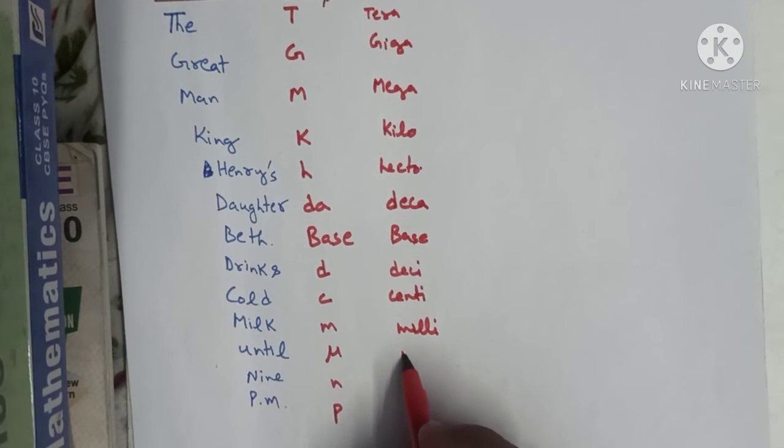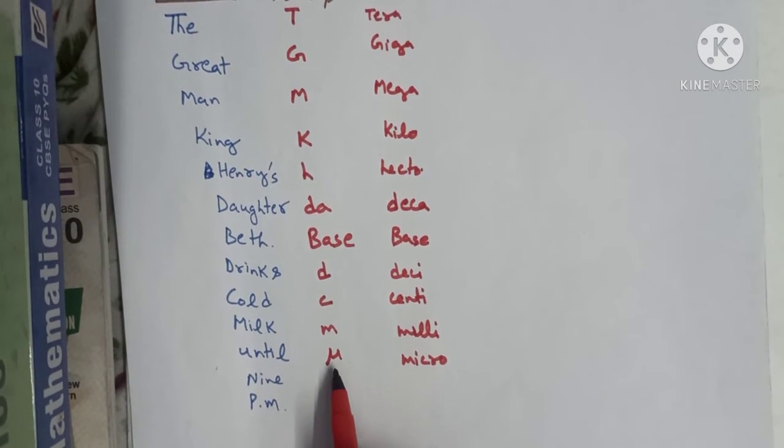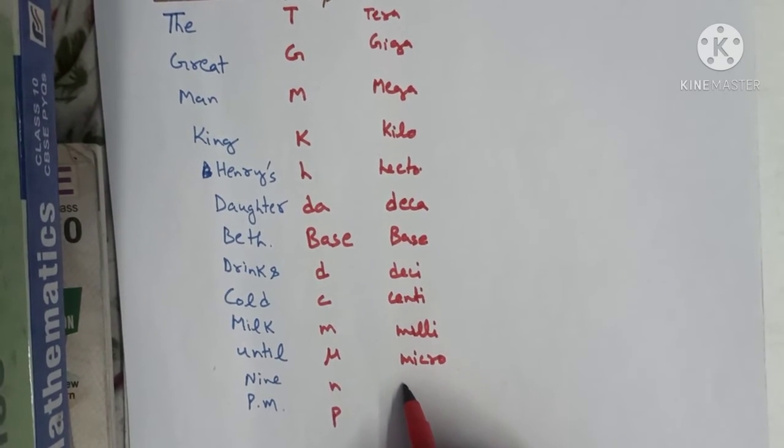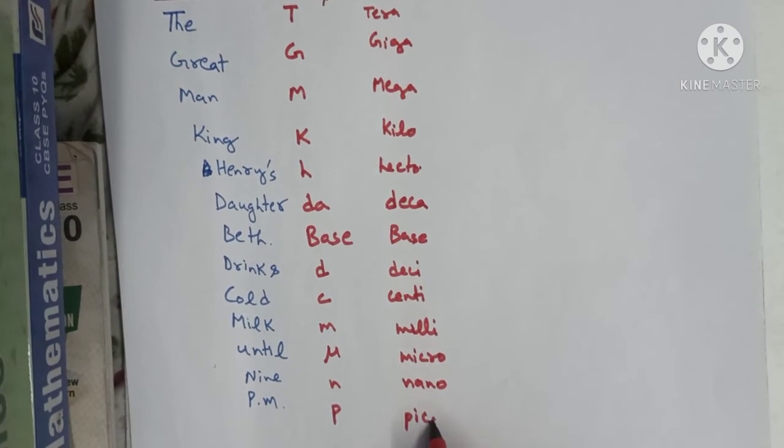This is micro. Micro is represented with the Greek symbol mu, and this is nano, and this is pico.